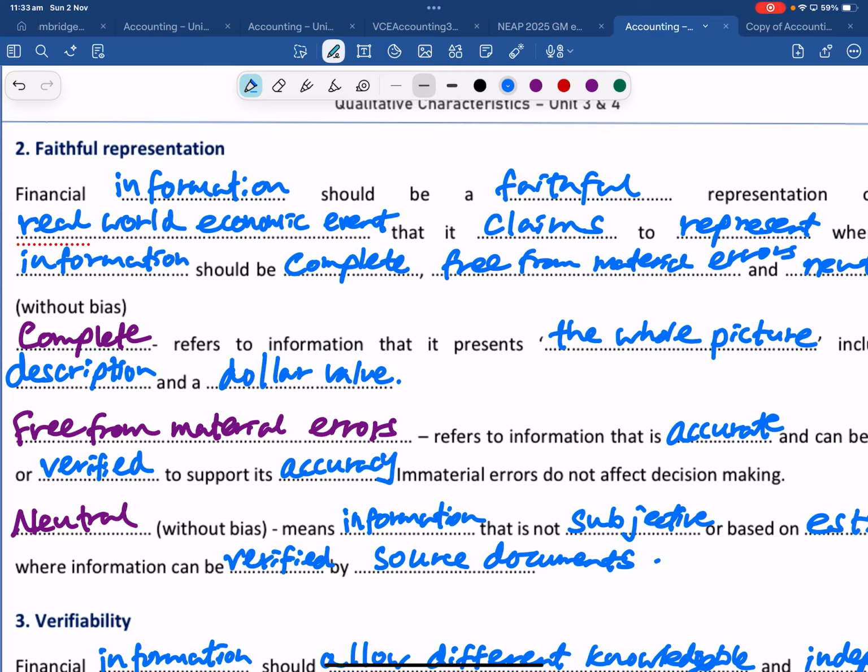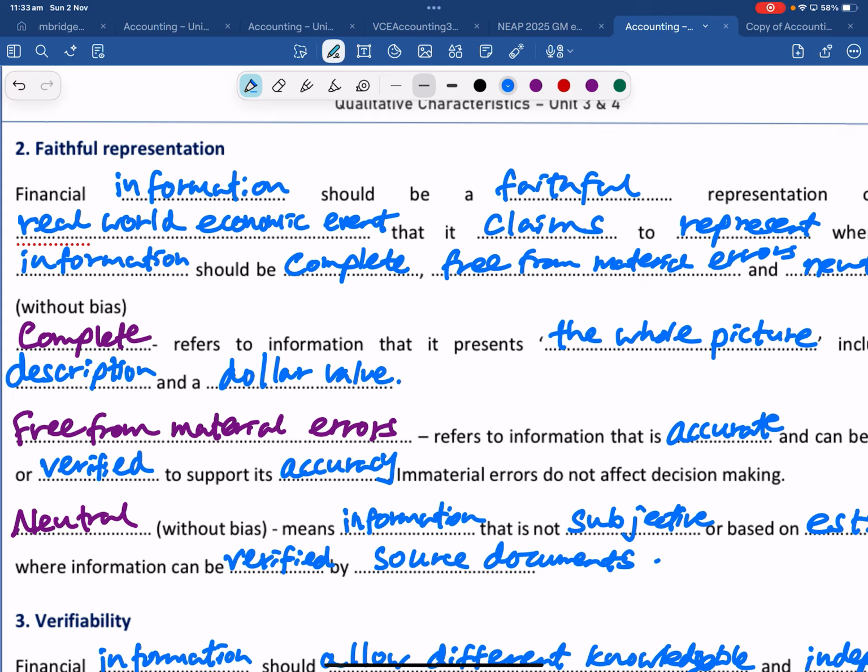So basically, the financial information that we are reporting should reflect the real world economic events that happen in the business, where the information is complete, free from material errors and neutral.